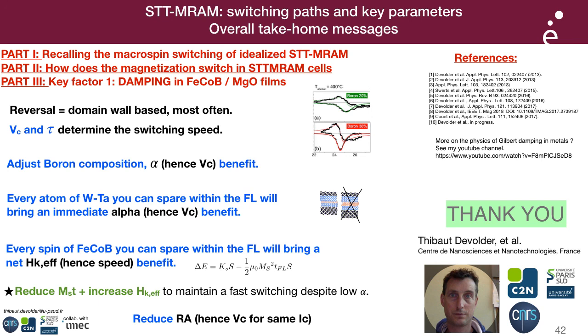And same also if you can reduce the moment by reducing either the number of spins or compensating them in some ways, you will increase the anisotropy and decrease the magnetization, which will yield the speed benefit. And of course, one last thing that you have to do is to work with the lowest RA product possible.